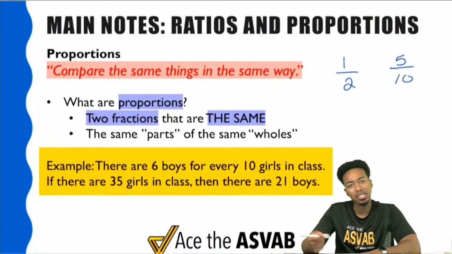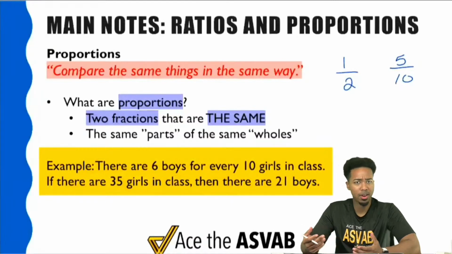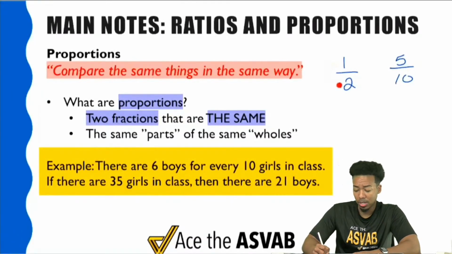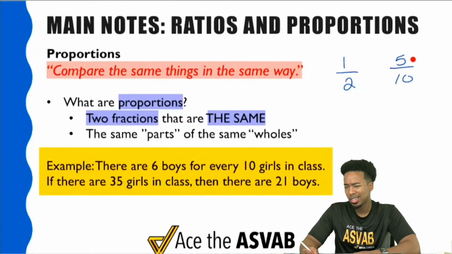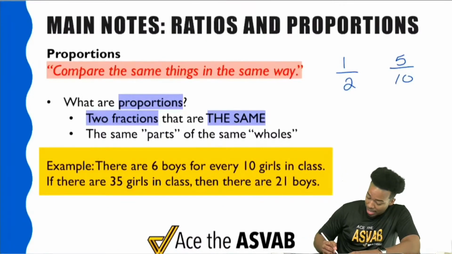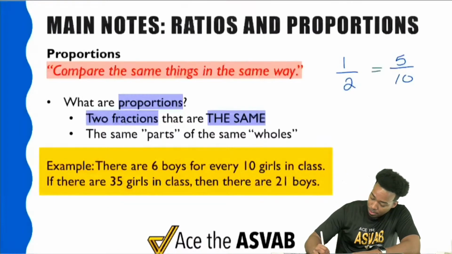And what you're basically asking is, if you compare the top and the bottom, is it the same relationship? Everybody, 1 is half of 2. I think we can all see that. But the follow-up question is: is 5 half of 10? Yes, absolutely. And so that's how we can confirm that, yes, these fractions are the same.